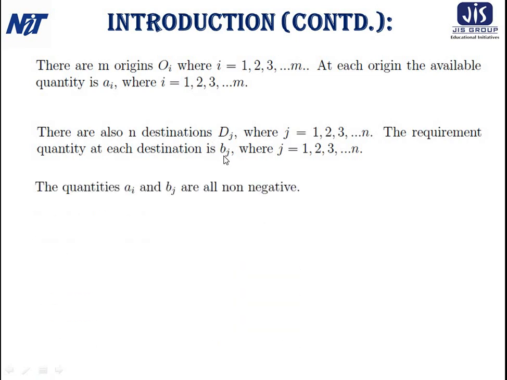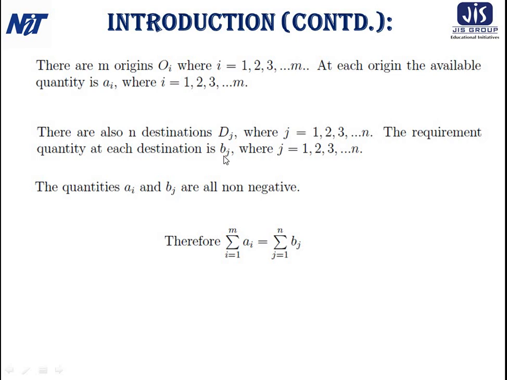Already all the things are described, and obviously the quantities Ai and Bj are always non-negative. Now the sufficient condition for the transportation problem is that summation of Ai will be equal to summation of Bj. That means the total number of available units will be equal to the total number of requirement units.